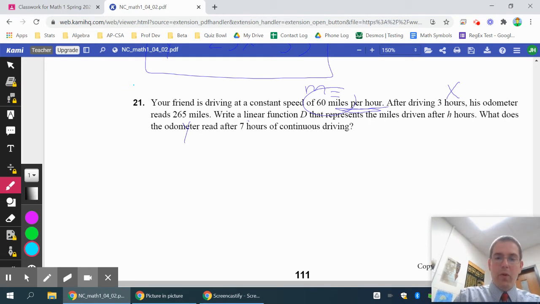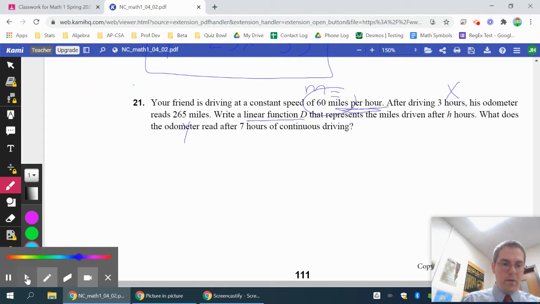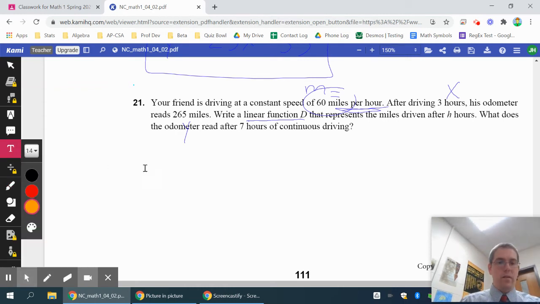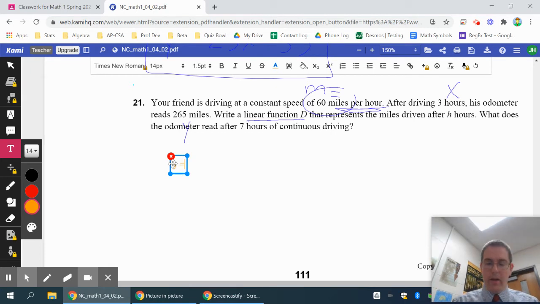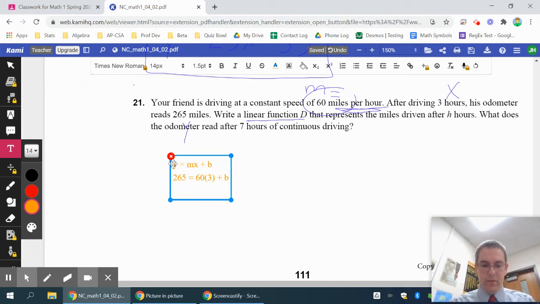First thing I'm going to do is write a linear function. So to write the linear function, I'm going to use y equals mx plus b. And then that gives me 265 equals 60 times 3 plus b. 265 equals 180 plus b.